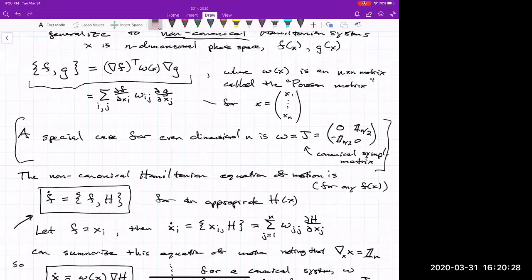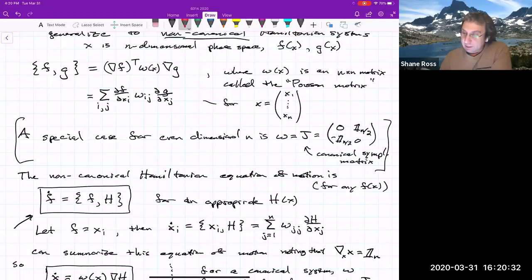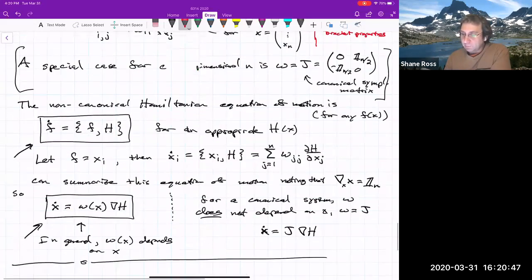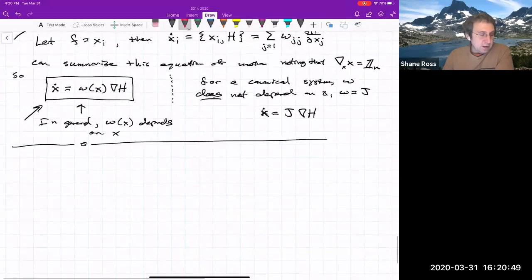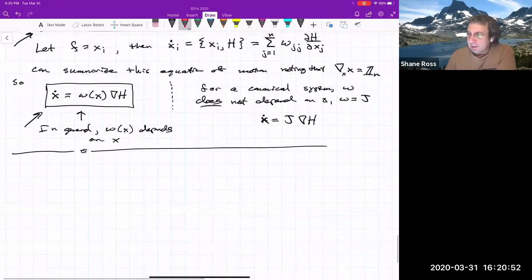It has to be a matrix that obeys the Poisson bracket properties. Yes, I even put that here. So that limits the space of possible omegas.